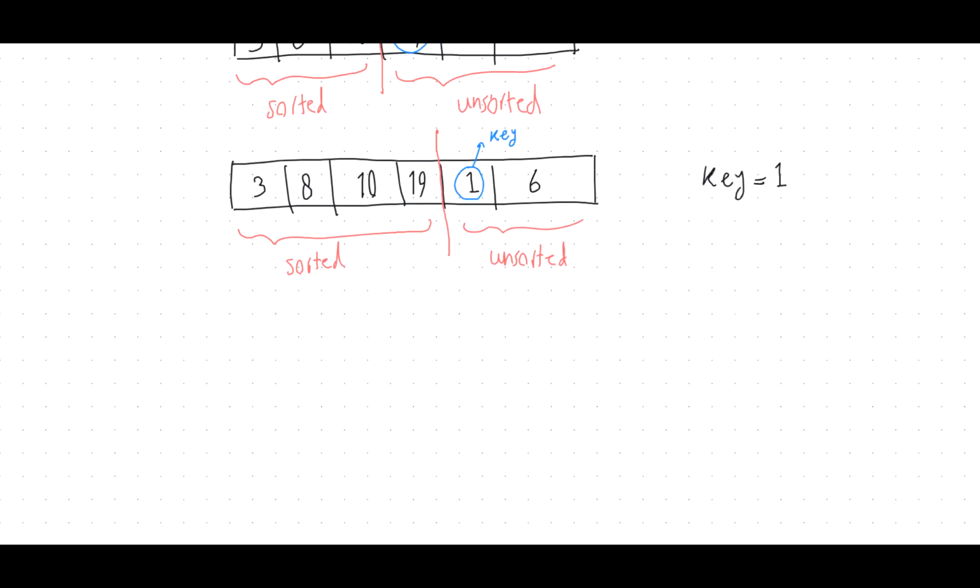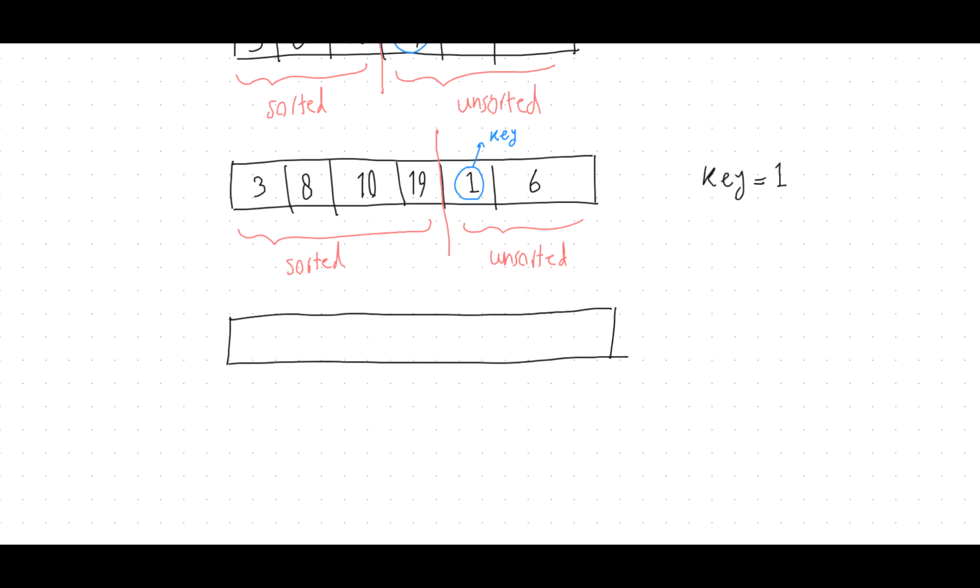Then I need to insert the key into its correct position among the sorted elements, right? Now, visually, we can see that yes, it should go all the way to the beginning. 1 should be the first element in the sorted segment because it's smaller than all of them. But a computer cannot do that immediately, so we have to do this step by step. And here's how it's done.